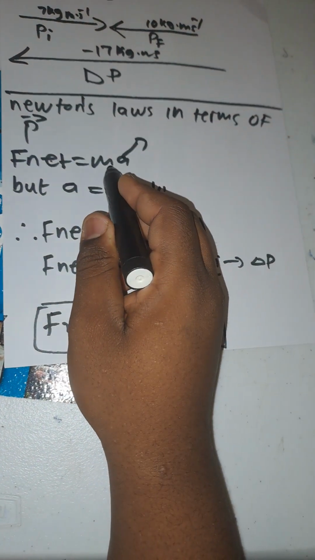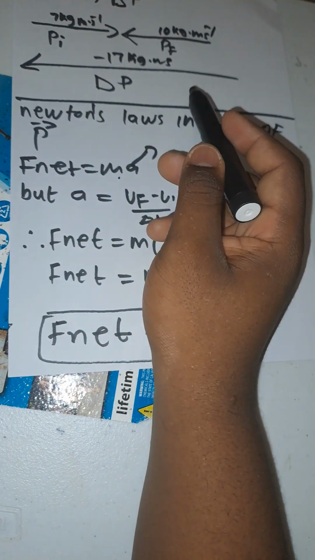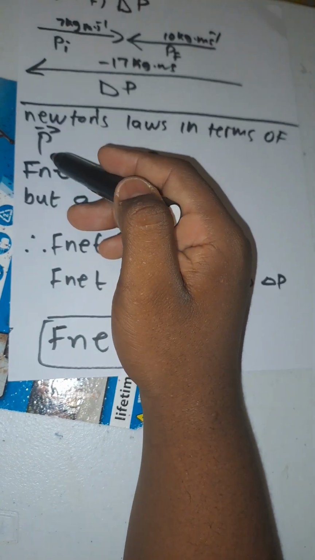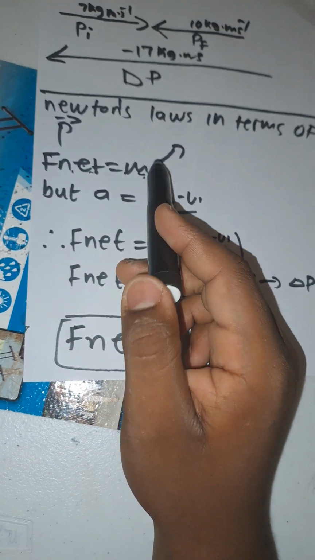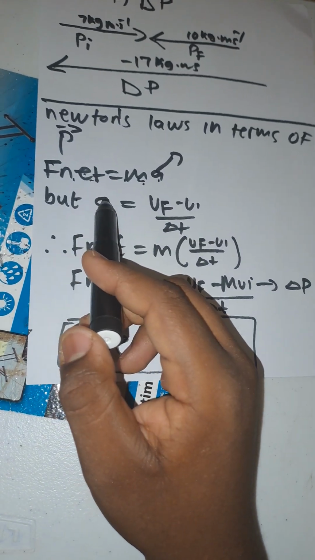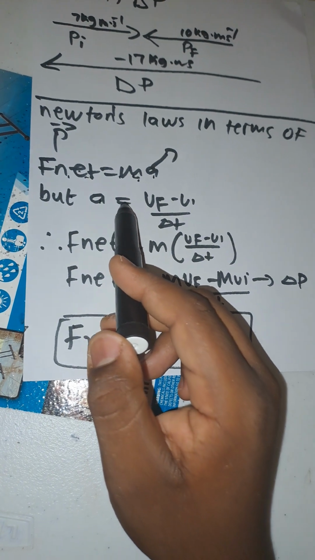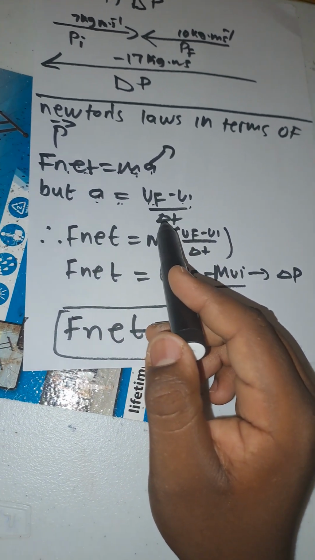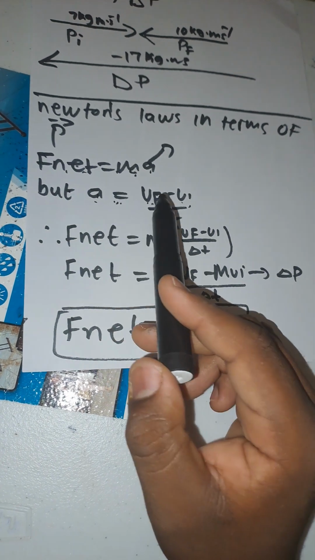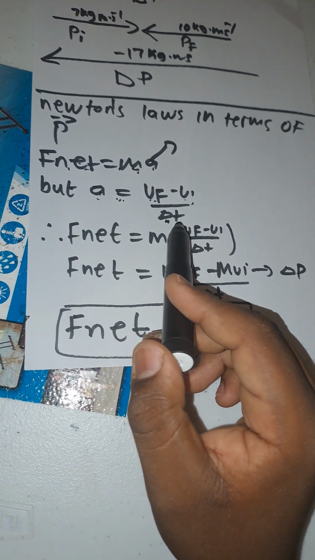So that's what you must know. F net is equal to ma. So Newton's laws in terms of momentum, how do you prove that? We say F net is equal to ma according to Newton's laws, but acceleration, from grade 10 knowledge, is equal to Vf minus Vi over delta t. Then where there is acceleration, we put Vf minus Vi over delta t.